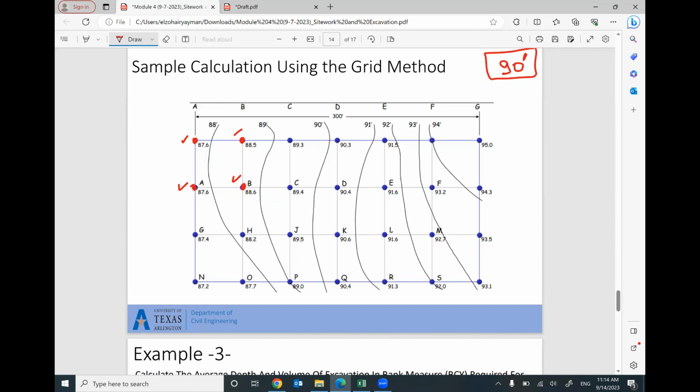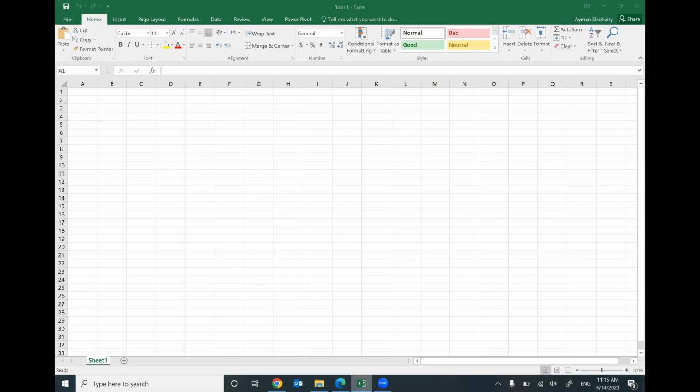Let's try. So this is cell number 1, number 2, number 3, number 4, number 5, number 6, 7, 8, 9, 10, 11, 12, 13, 14, 15, 16, 17, and 18. I will write all of this information on the Excel sheet. So this is the cell number.